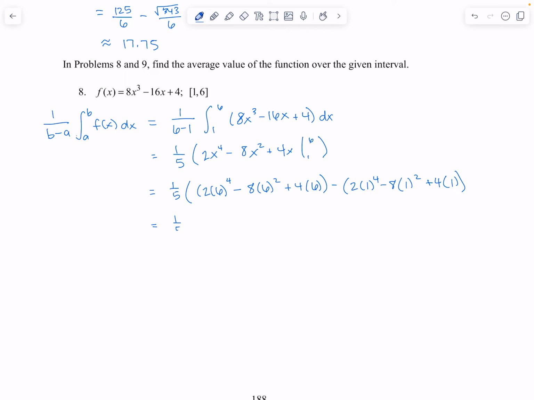This will be 1/5 times 2,328 minus a -2, giving us a final answer of 466. That's our average value of this function over that interval.